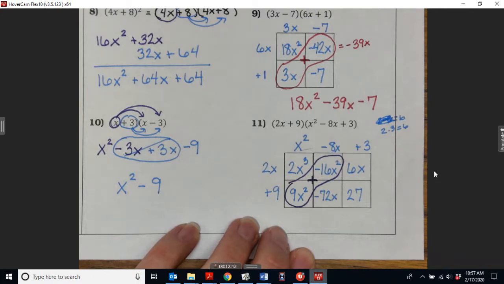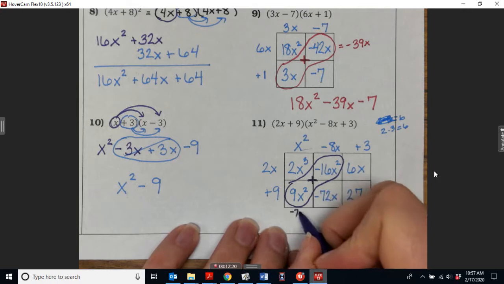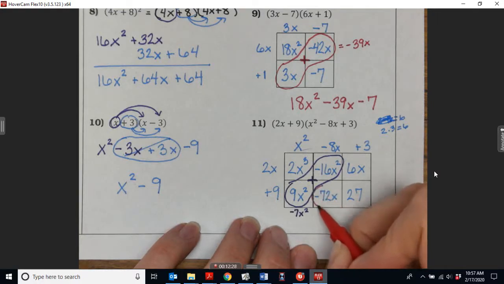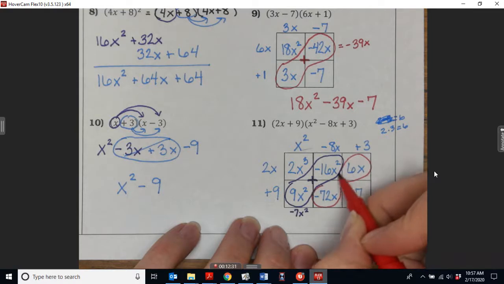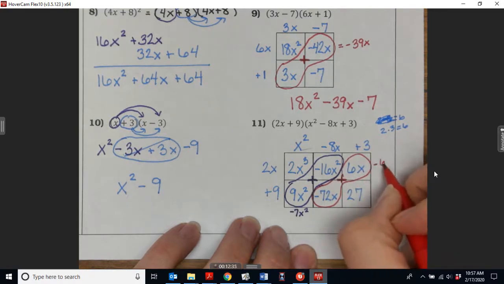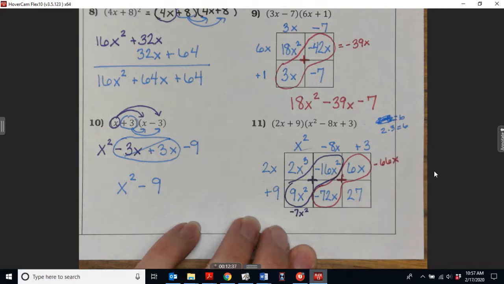So I have negative 16 plus 9, which gives me negative 7x squared. And then I have negative 72x plus 6x, which gives me negative 66x.